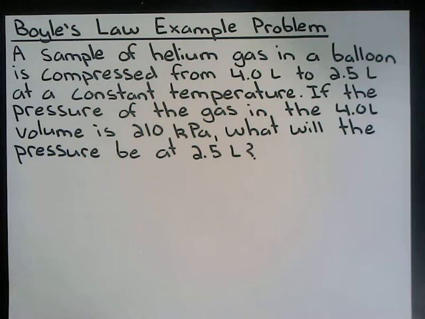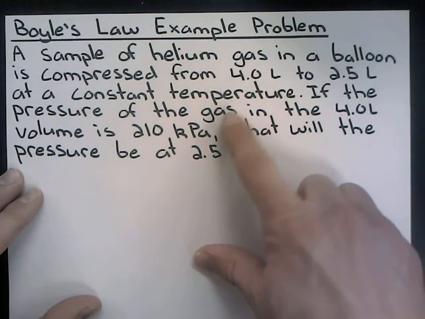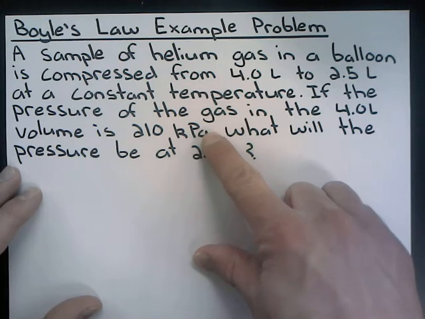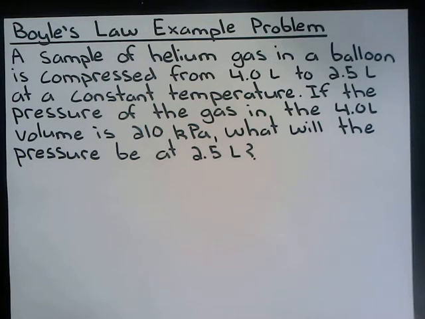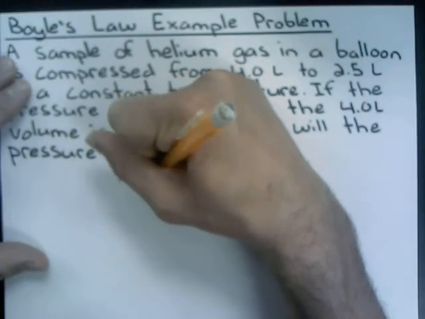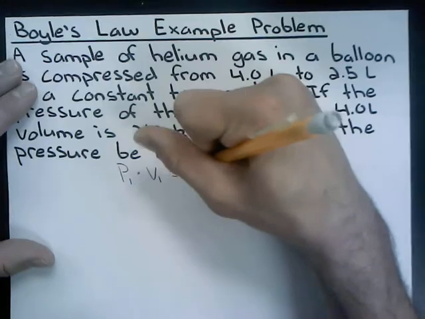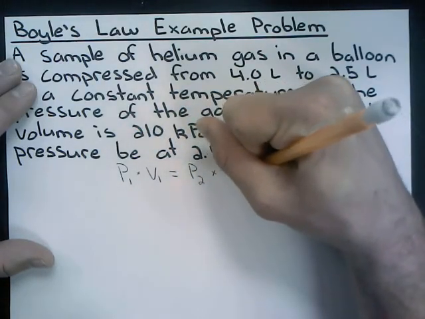So again, whenever we get to these problems, we need to identify what we have and what we have for our variables. So you can see we have a unit for volume and we have a unit for pressure. That means we're going to use Boyle's Law, and that formula again is P1 times V1 equals P2 times V2.